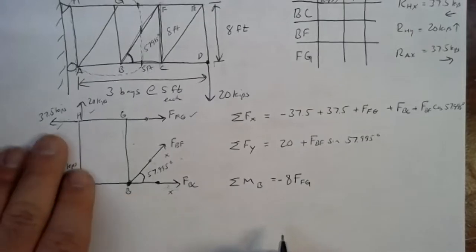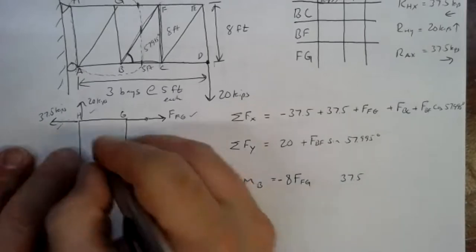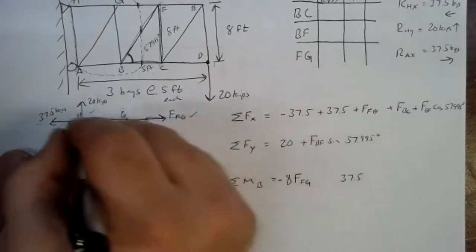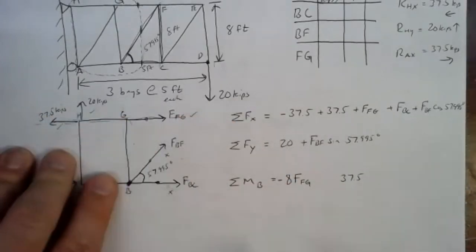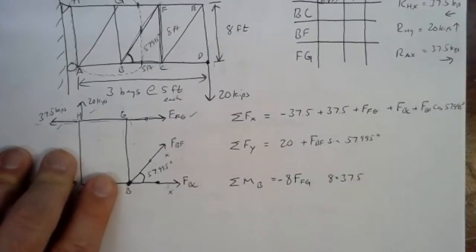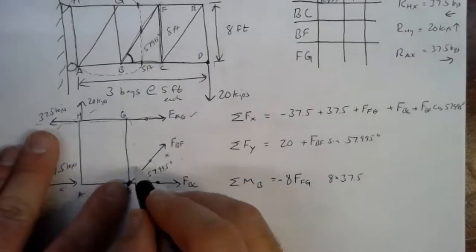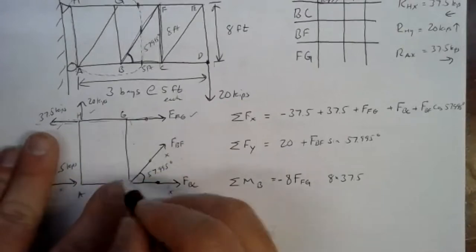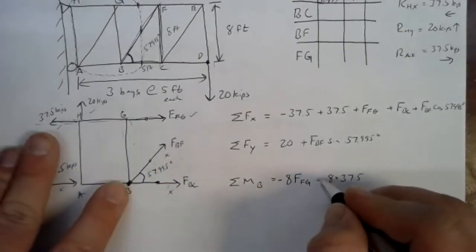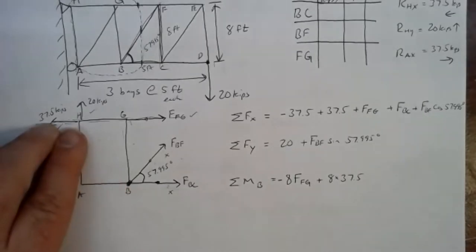If we look at the 37.5 kips, that also has a line of action that is up here, horizontal, 8 feet away. So our arm for the 37.5 kips is 8 feet as well. But pulling to the left is going to cause a rotation that is counterclockwise. Counterclockwise is positive. And then we have our 20 kip force.